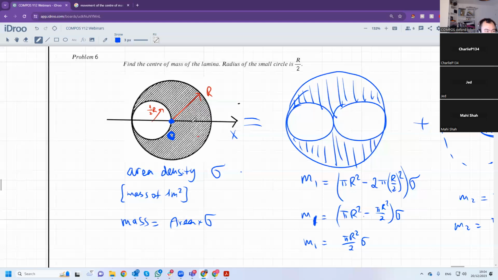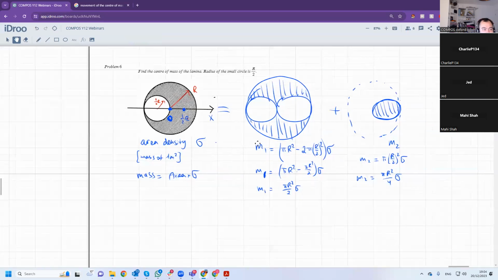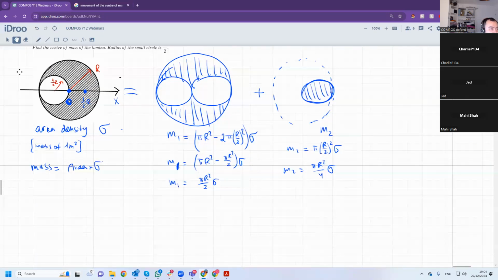And the small disk is at a point which is half r, half r. So the big piece with 2 holes in it is at position 0 meters, and the small disk, x2, is at position 1/2 r. This is the coordinate.